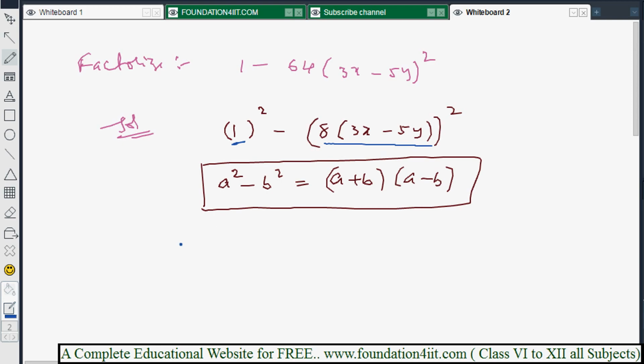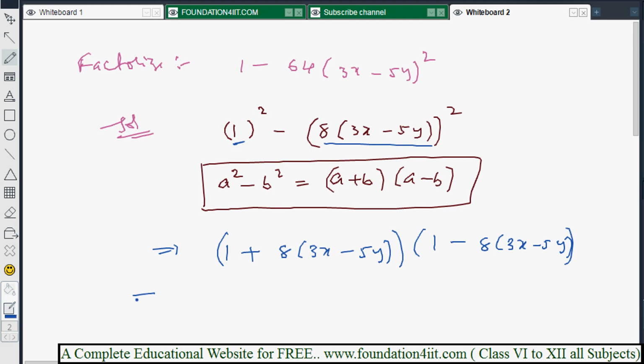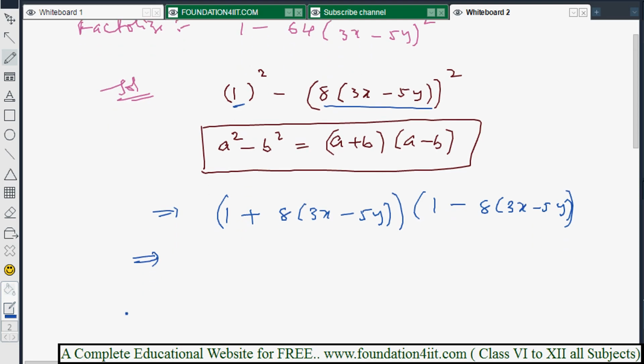Then we can write a plus b, that means 1 plus 8 of (3x minus 5y). So this is a plus b. Now 1 minus 8 of (3x minus 5y). This is a minus b. Now if you simplify this, that's the answer. We need to simplify compulsorily.